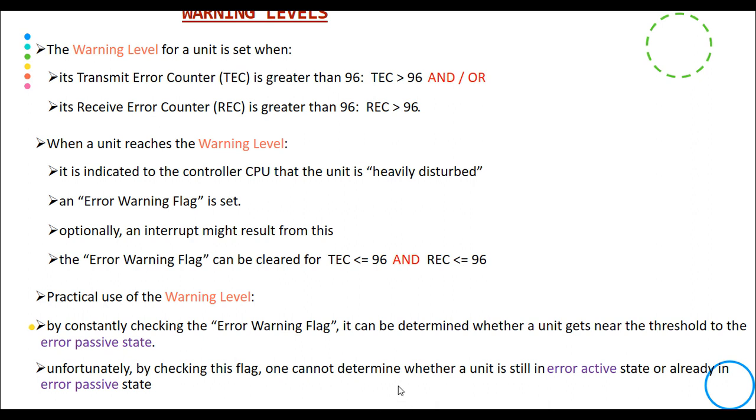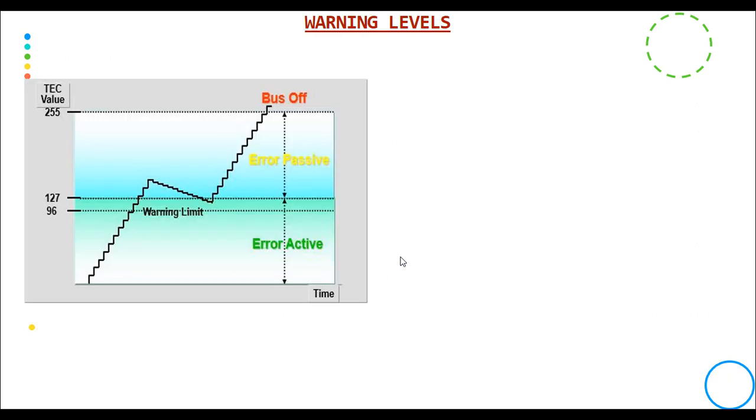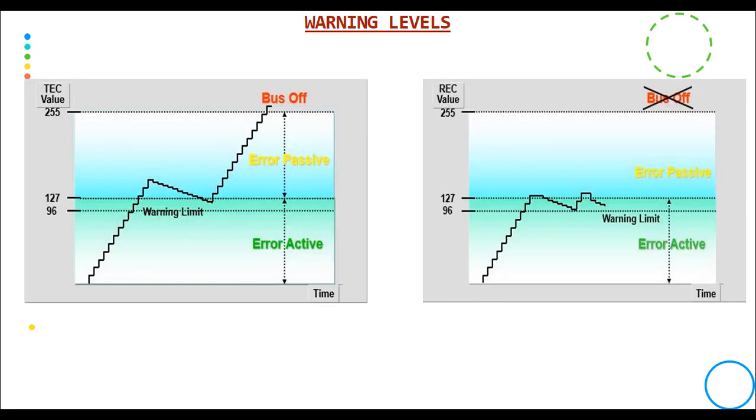Unfortunately, by checking this flag, we cannot determine whether it is still in error active state or in error passive state. So this diagram depicts all the states of the node. If the counter is less than 127, the node is in error active state. If it crosses 96, the error warning flag is set and then indicated to the controller CPU.